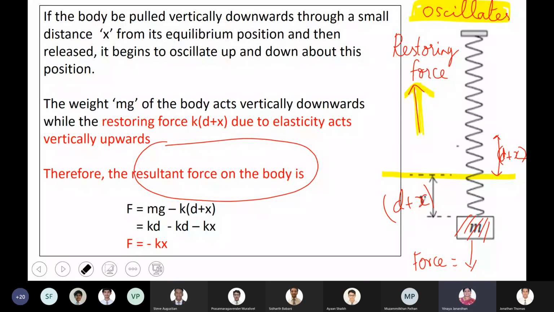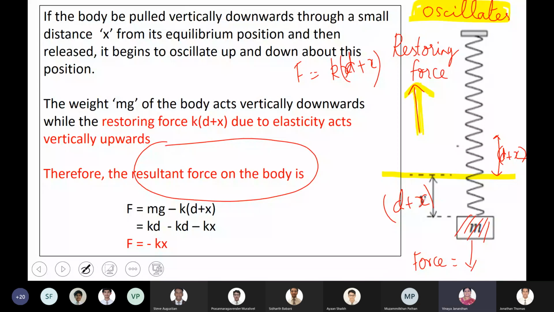The force acting in the downward direction is m into g. The restoring force, which acts in the upward direction, is minus k into x, because the general expression for the restoring force F is k into x, where x is the displacement. Here the displacement becomes d plus x.